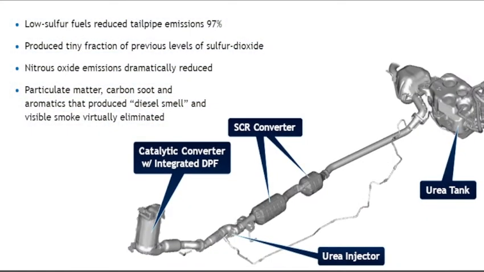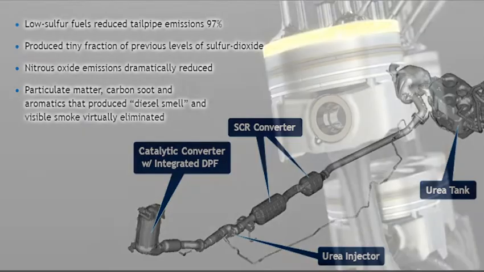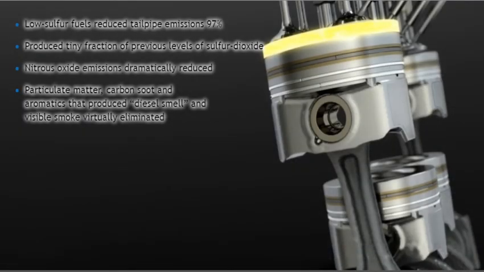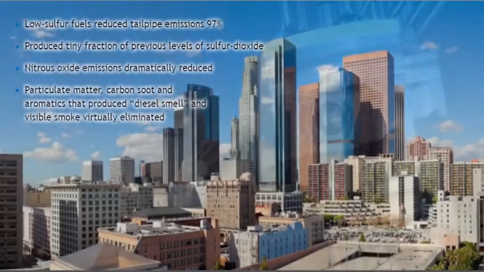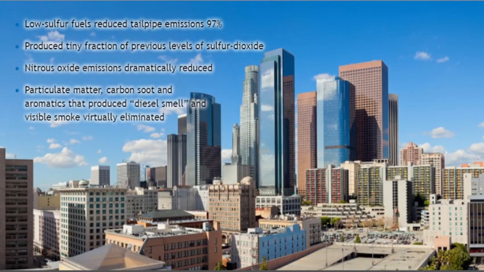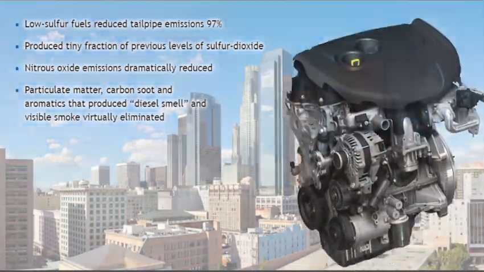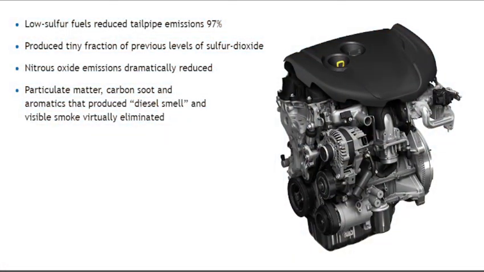In addition to improved fuels and more effective exhaust treatment, recent diesel engines include design changes that result in more complete combustion, further reducing emissions. Clean diesels now have an environmental footprint similar to gasoline engines and hybrid gas-electric vehicles. The clean diesel engine is a far cry from the smelly, smoking, polluting diesels of the recent past.